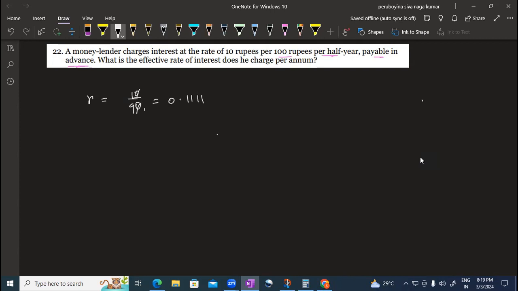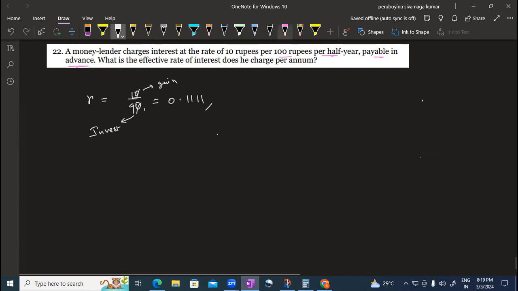For every 90 rupees he is investing, 10 rupees he is gaining, and treating it as 100 rupees, right? So 10 by 90, so 1 by 9, which means 0.1111. So many ones are coming; we are only considering 4 decimals.